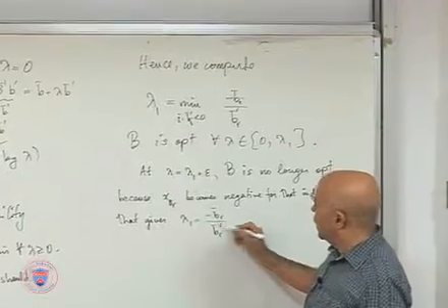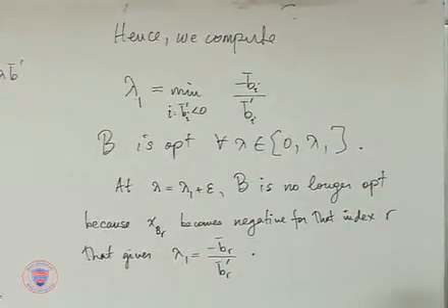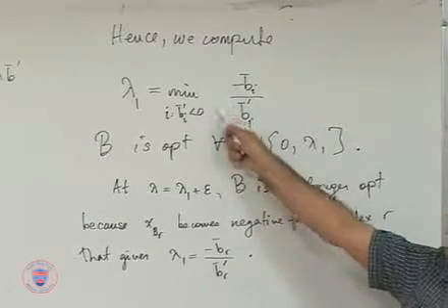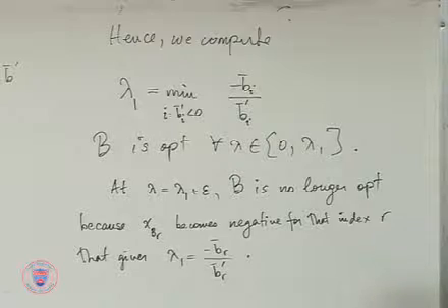Some particular basic variable which supplies the minimum ratio in the computation of lambda 1 becomes negative.